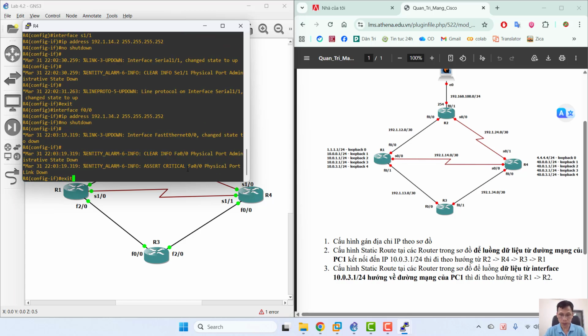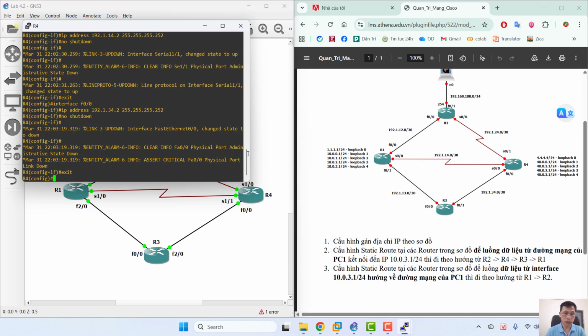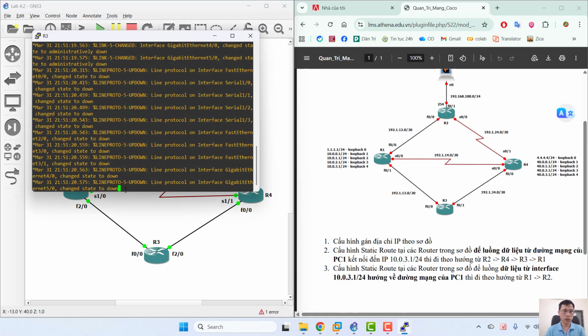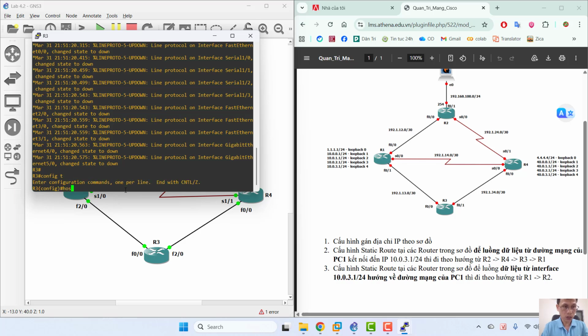Okay, that's it. I go to router number 3. Hostname R3, config t, hostname R3.